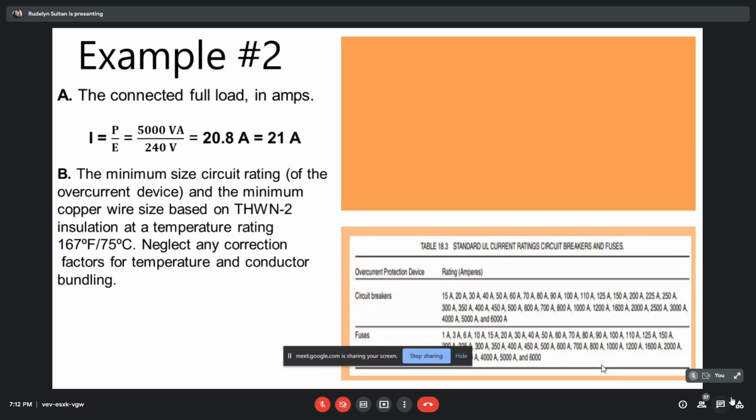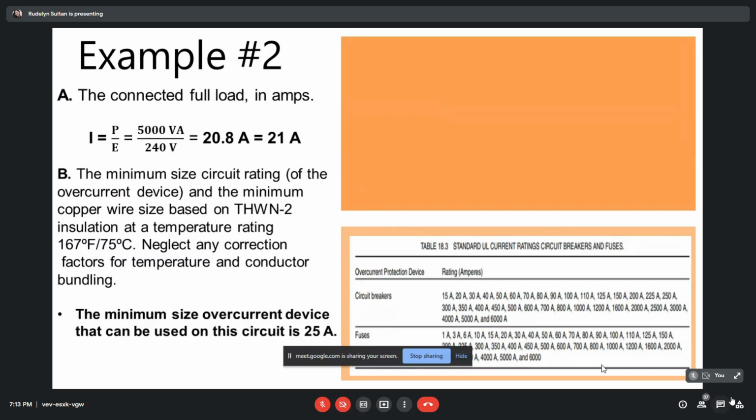From Table 18.3, the minimum size overcurrent device that can be used on a 21 amps circuit is 25 amps. I did not know that there was a 25 amps here, but I did research to verify, and there is a 25 amps in the NEC, the National Electrical Code book. So, the minimum size overcurrent device that can be used on this circuit is 25 amps.